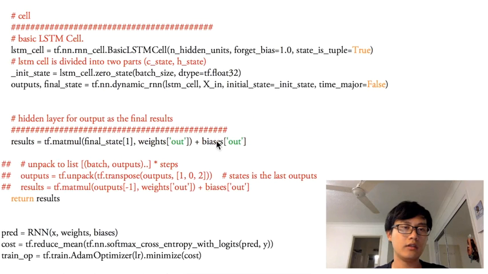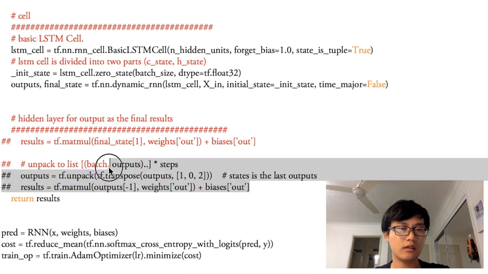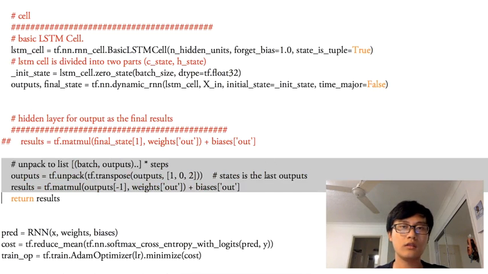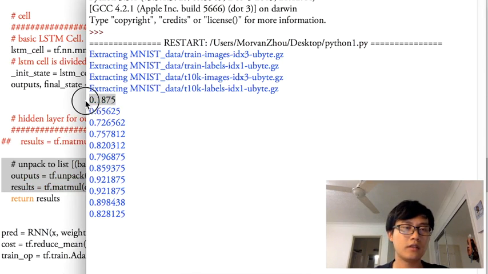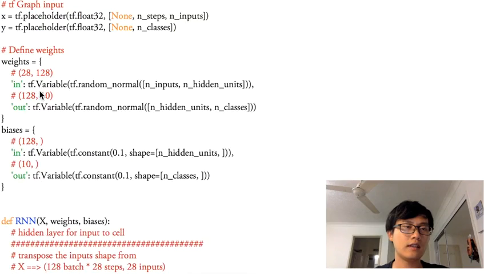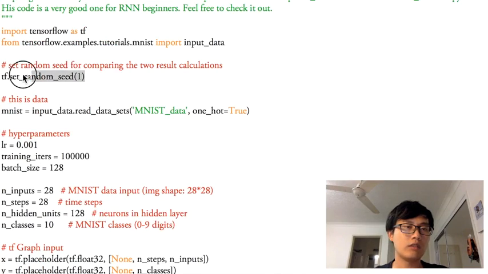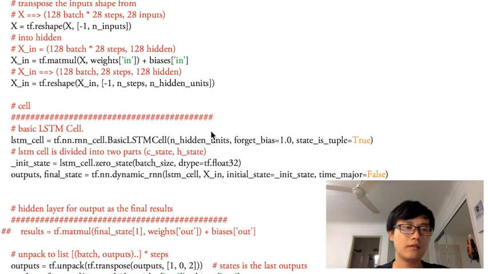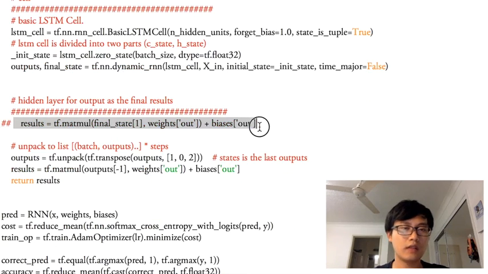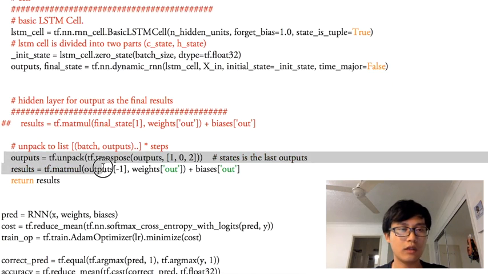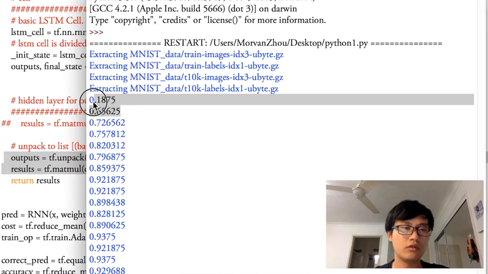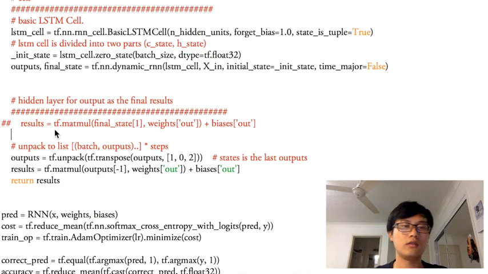Now let me use the second method. Just remember the first output accuracy is 0.1875, and I already set the random seed as 1, so the randomness of all initialization should be the same. If the first step is fully equivalent to these two steps, the first output should be the same, 0.1875.